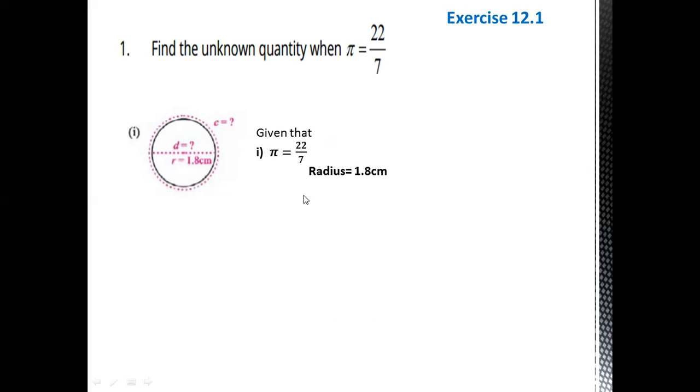Clear? Then after that, radius is given 1.8 centimeter. This is already given in the question. Look at the figure. In figure, it's already given that radius is 1.8 centimeter. Then what you are going to find? Diameter you are going to find. This is unknown. And circumference you are going to find. This is unknown.